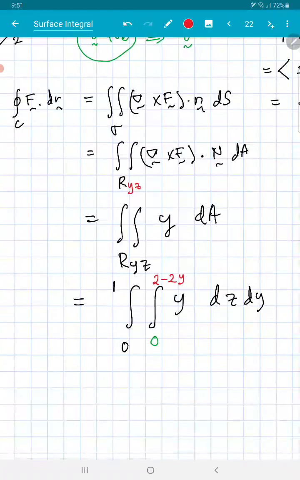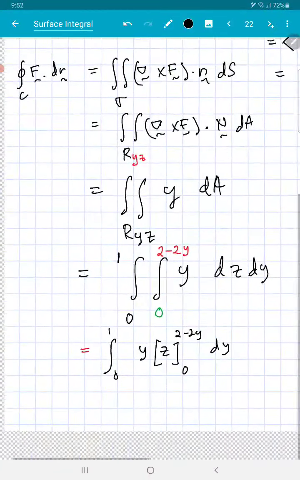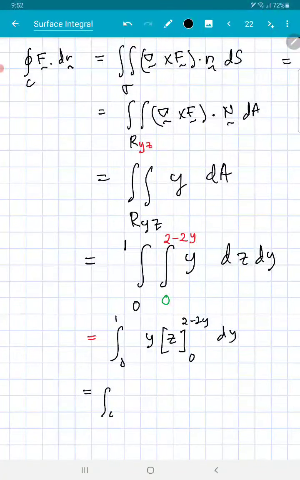Okay, so that is quite easy to evaluate. So we're just back to a double integral. Okay, so integrate y with respect to z, we get yz. Now replace z with the upper and lower limits, which are 2 minus 2y and 0. Okay, upper limit minus the lower limit, so we get y times 2 minus 2y minus 0.